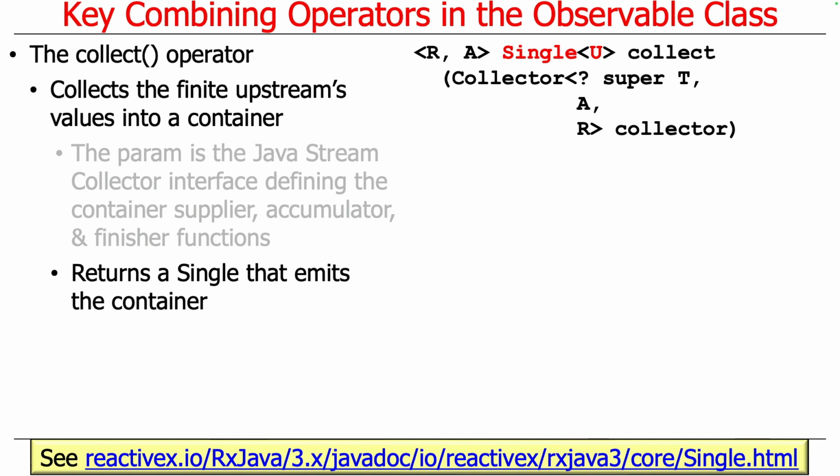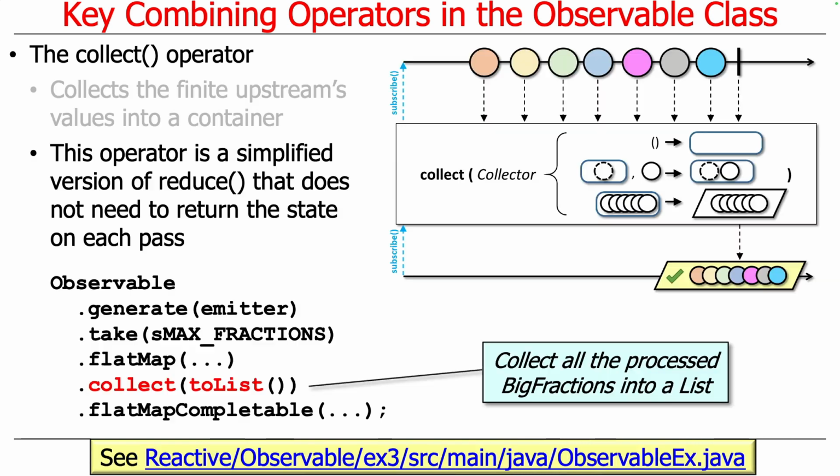And I just find that to be a bit more intuitive than collectInto and a little cleaner. So here's an example of how you might use this. You might generate a bunch of, in this case, say big fractions up to a certain number, do some operations on them, and then collect them into a list, and then do something when the list is finished. So that looks very much like Java Streams. In fact, it's built on the Java Streams Collector interface.